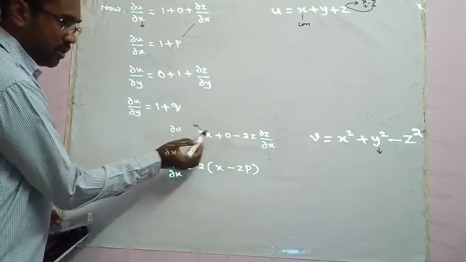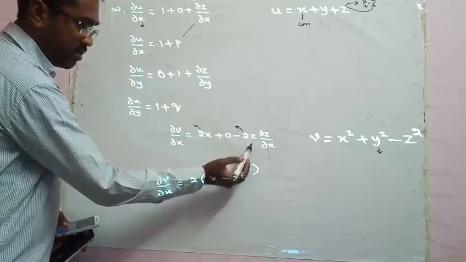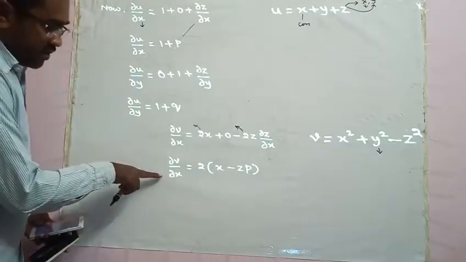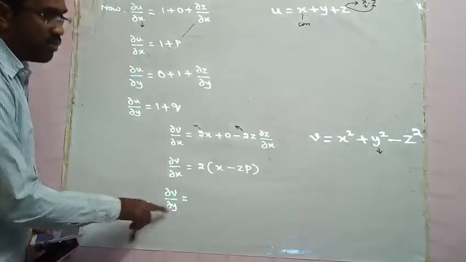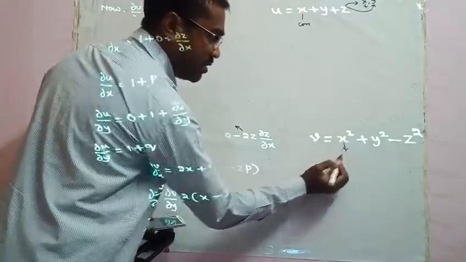Take 2 outside as a common factor. What remains? x minus zp. Now let us differentiate v with respect to y. If you are differentiating with respect to y, your x is constant.